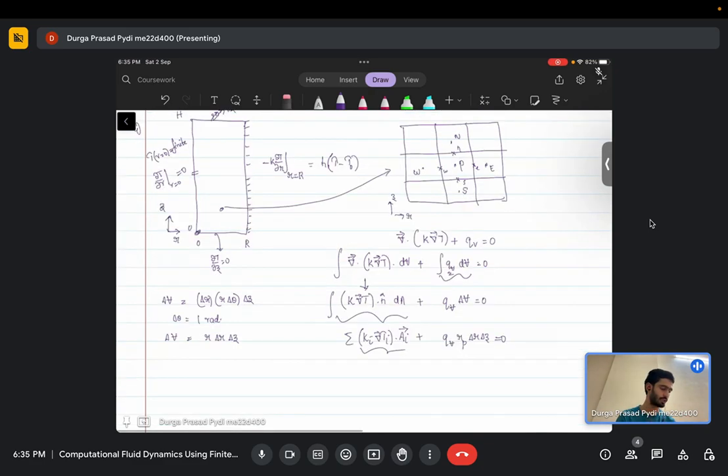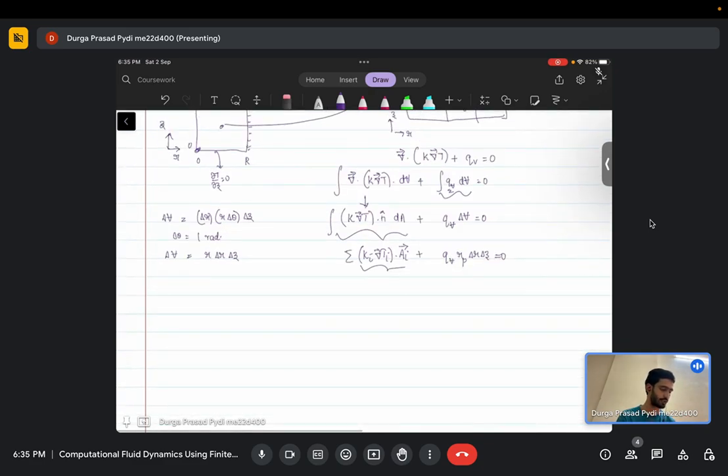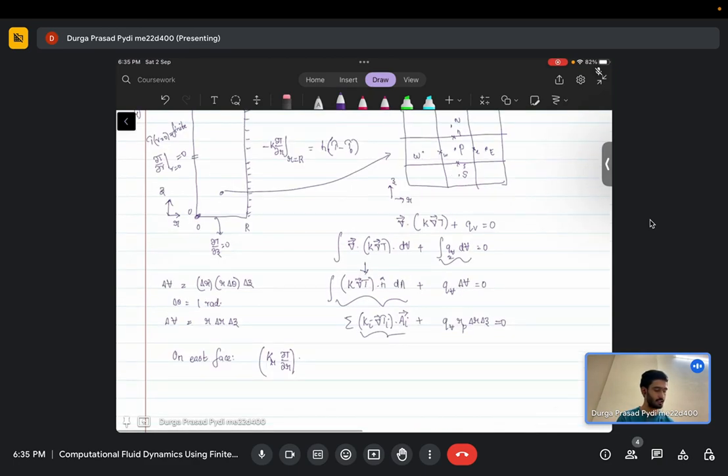So say on the east face, when you are writing this term on the east face, it will be K east along east direction is Kr times del T del R. So what is my east face, the area of the east face?